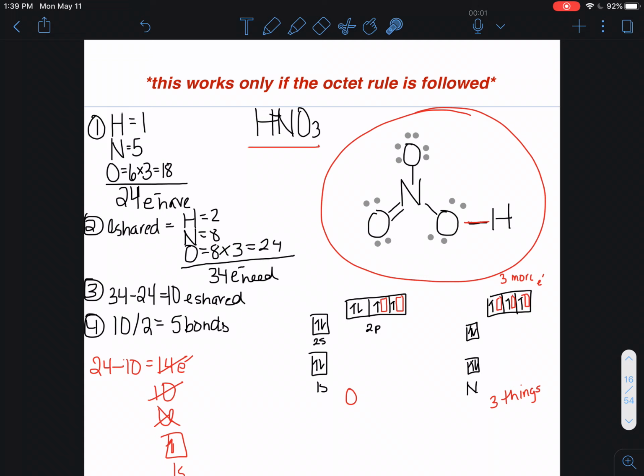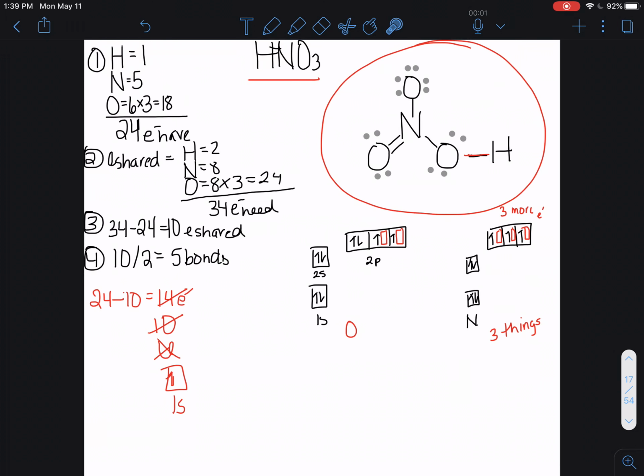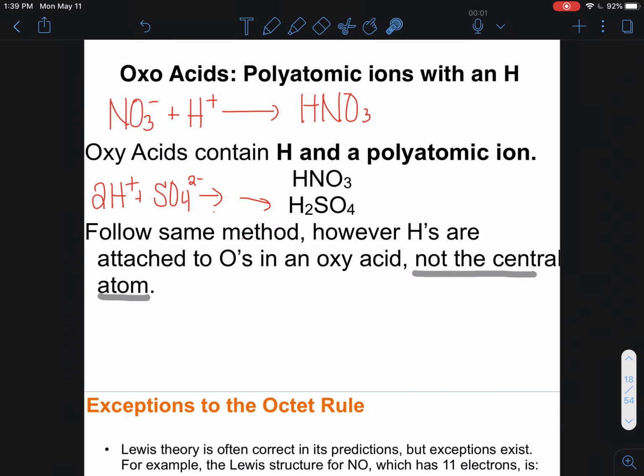We don't add any unnecessary electrons here. And since it is an oxyacid, it does have a hydrogen with it. The hydrogen doesn't come off of the nitrogen, it comes off of one of the oxygens. Okay, we will do H2SO4 in lecture.